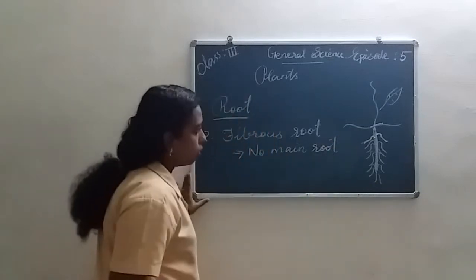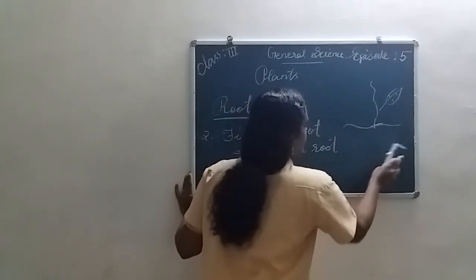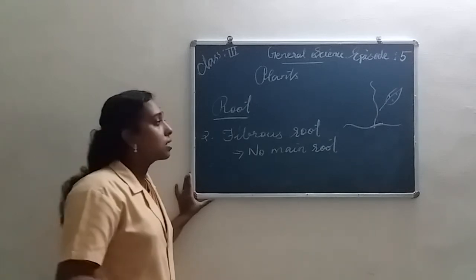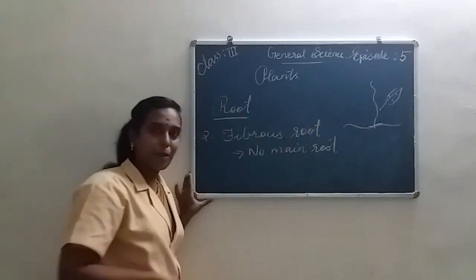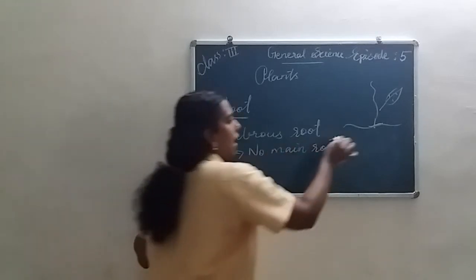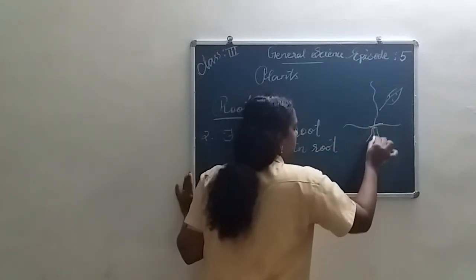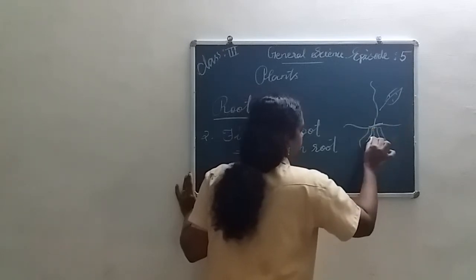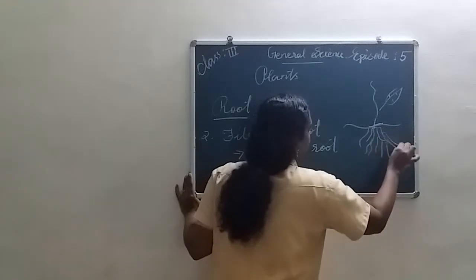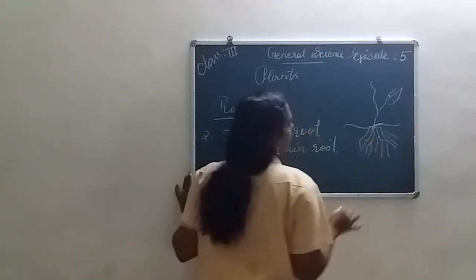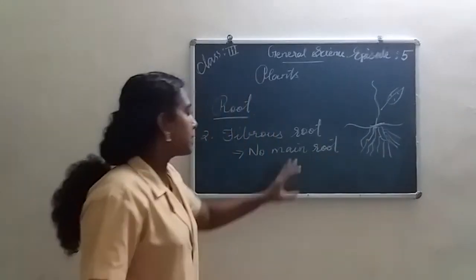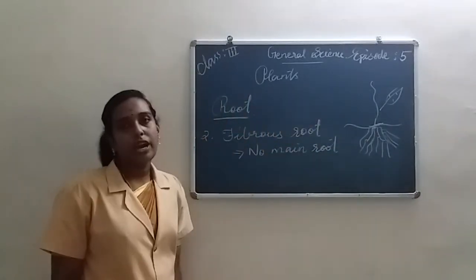Such plants have no main root, but many small roots come from the base of the stem, like this. There is no main root, and many small roots come from the base of the plant. Such types of roots are called fibrous root.